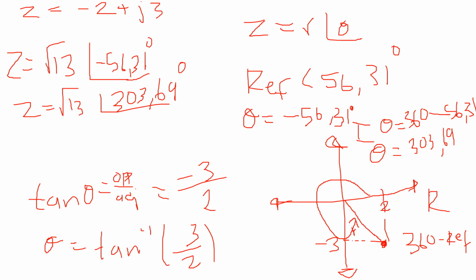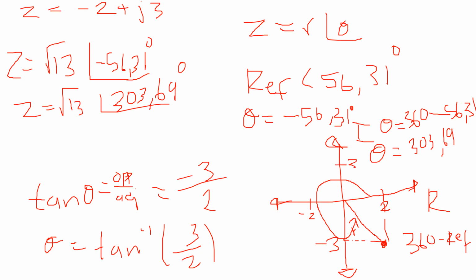So it's basically the same thing, but now the problem is that the angle won't be the same. The real part will be negative 2, so it is written here. Then your imaginary part is going to be 3, and it's going to be here.